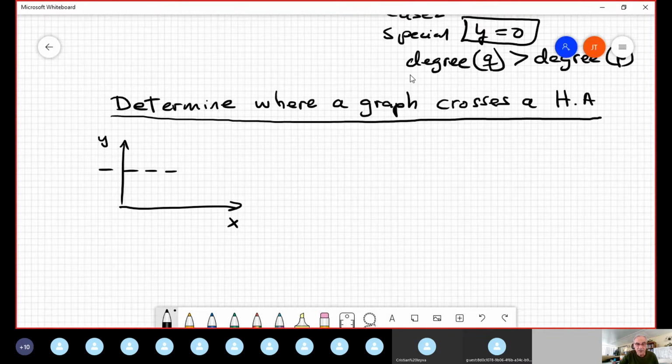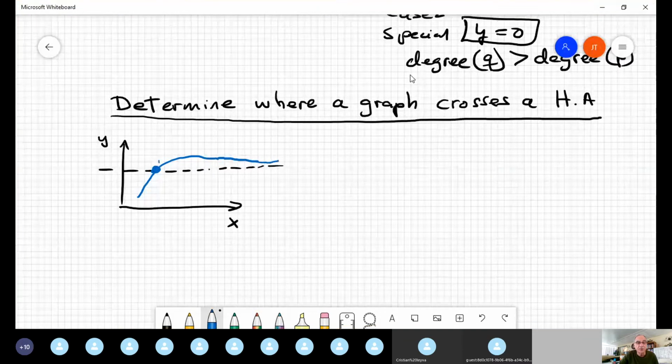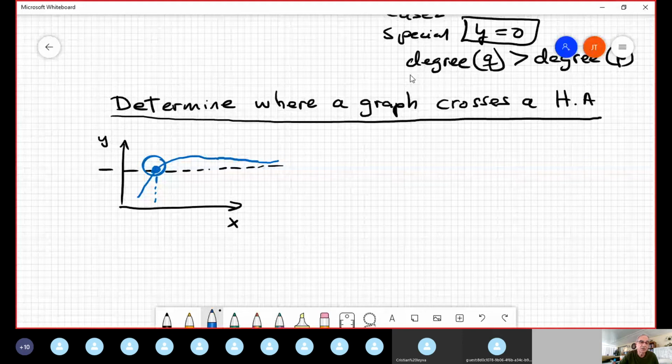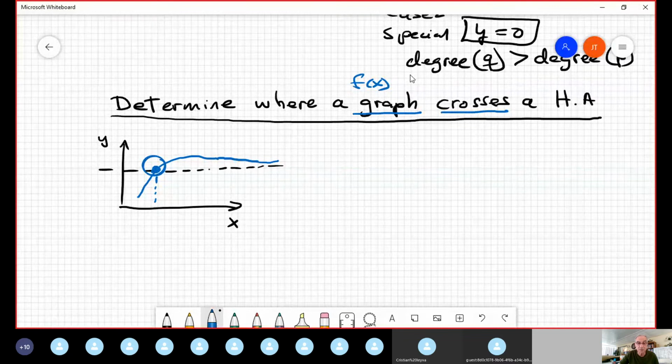Suppose that this is my horizontal asymptote. And sometimes the graph touches here, but touches one time, not two times, and then never gets close again. It continues forever like that, but never touches anymore. So this is an important point. You need to verify whether my function f of x crosses the horizontal or not.